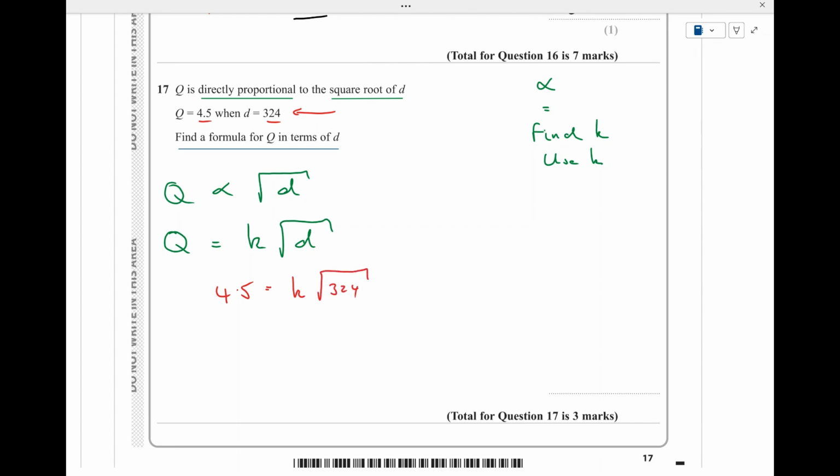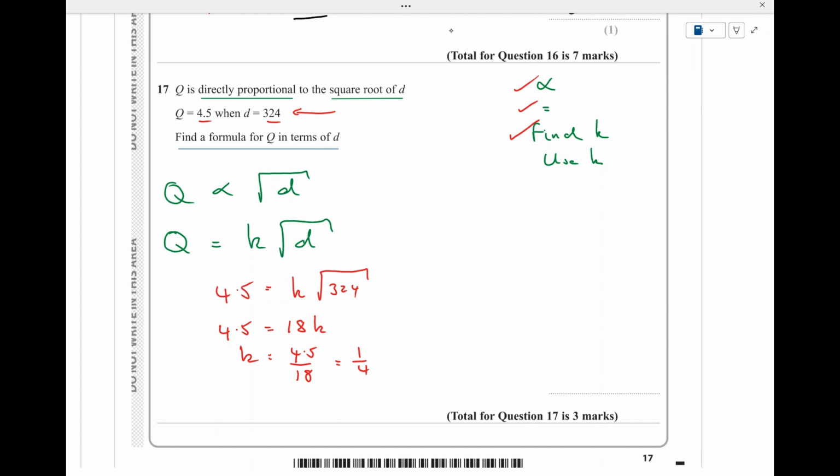So I've done fish sign, I've done equals. So now I'm doing finding K. Square root of 324 is 18. So I've got 4.5 equals 18 times K. So K equals 4.5 divided by 18. 4.5 divided by 18 equals a quarter.